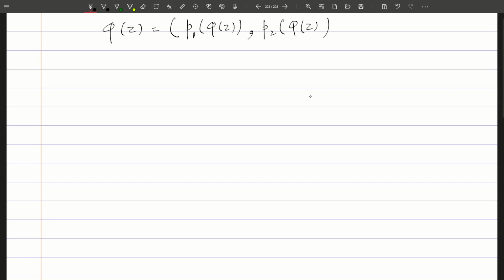But p1 composite phi is f, and p2 composite phi is g.